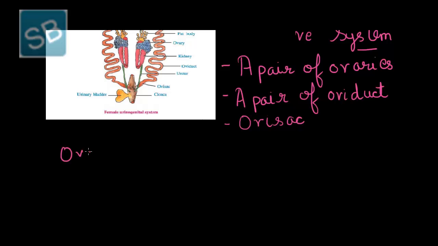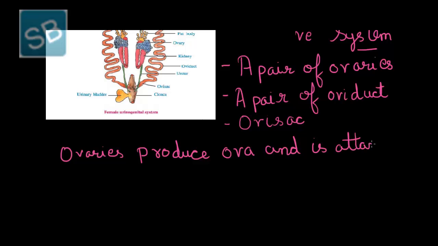Thus, ovaries produce ova and are attached to the kidney via mesovarium.